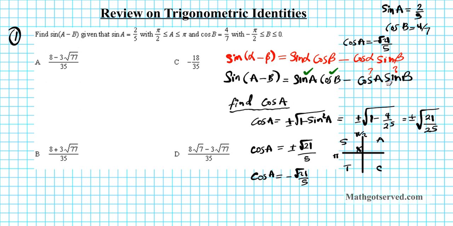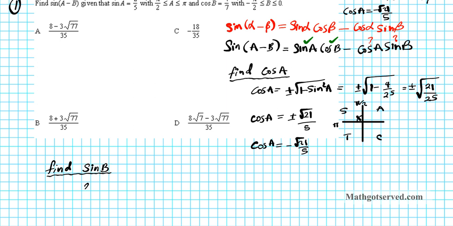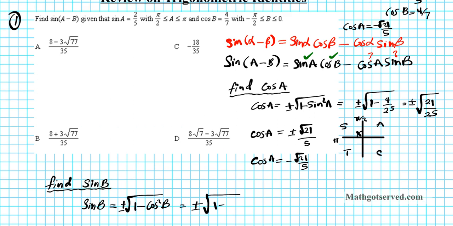Now the next thing we have to find is sine B. Now how do we find sine B? We find sine B by applying the same identity, the Pythagorean identity, but with cosine and sine interchanged. So sine B, using the Pythagorean identity, is plus or minus the square root of 1 minus cosine squared B. Okay? So let's evaluate what this expression is when we substitute the value of cosine. So it's going to be plus or minus the square root of 1 minus cosine B, which is 4 over 7, squared.